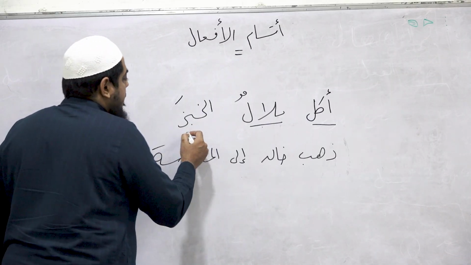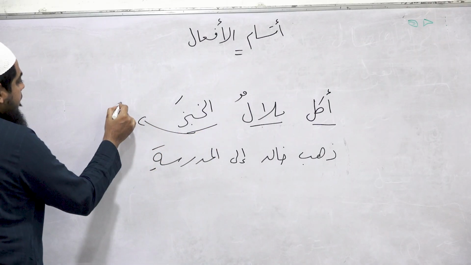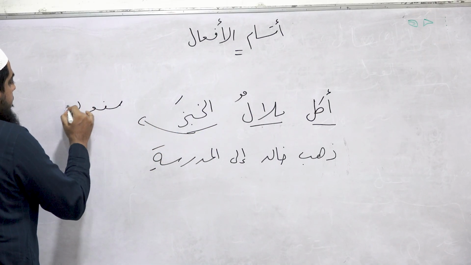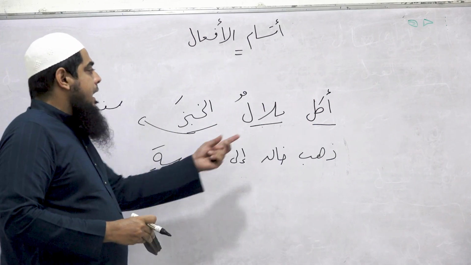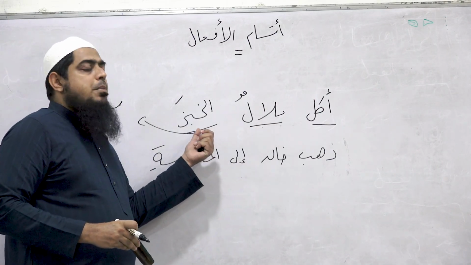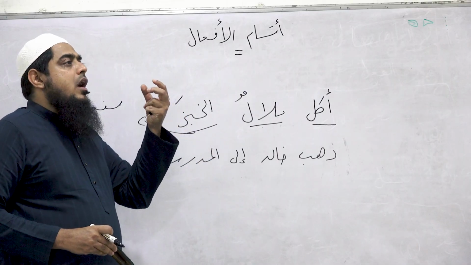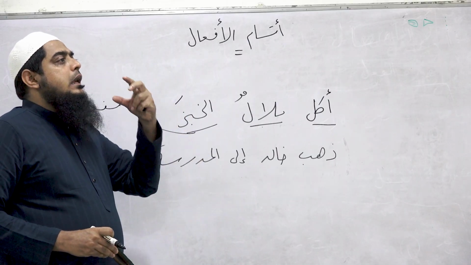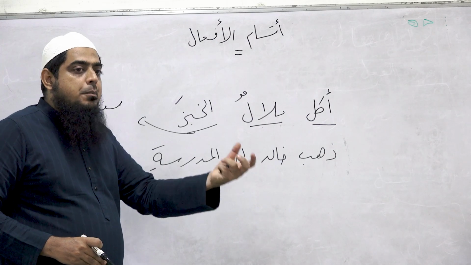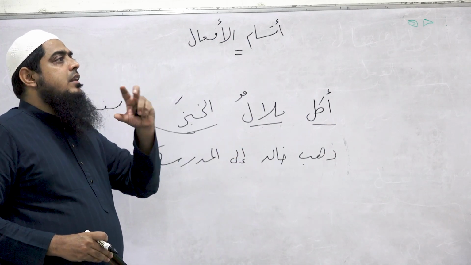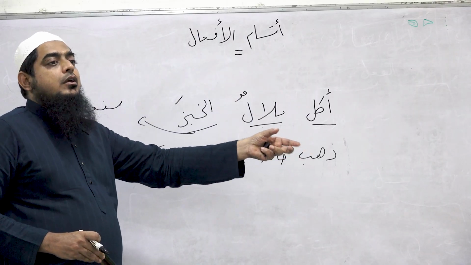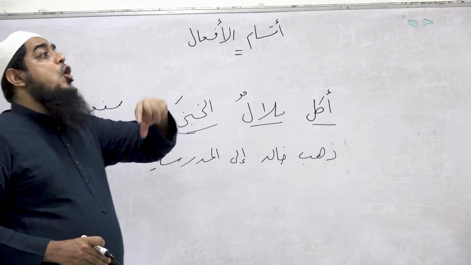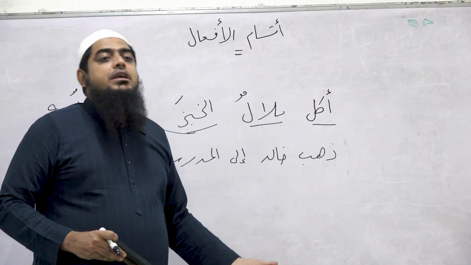In Arabic we say maf'ulun bihi. Maf'ulun bihi. Bilal ate the bread. So the action of eating done on the bread. So this action done by somebody and done on something. So when the action is being done on something, that thing is maf'ulun bihi.